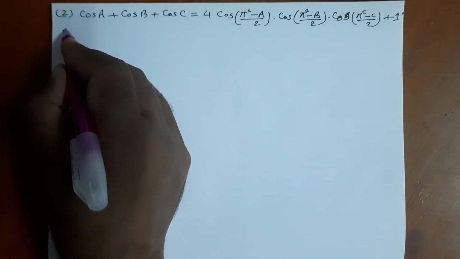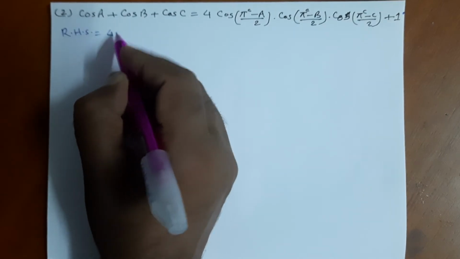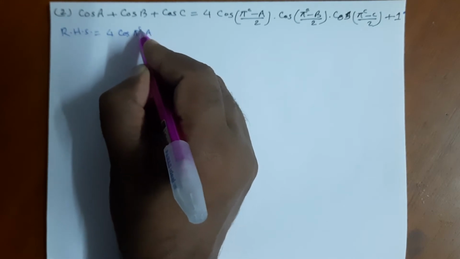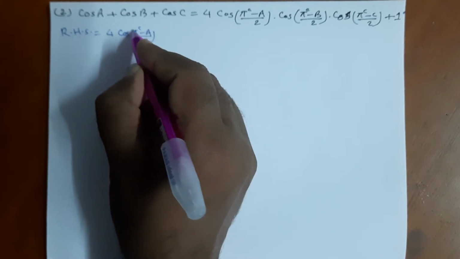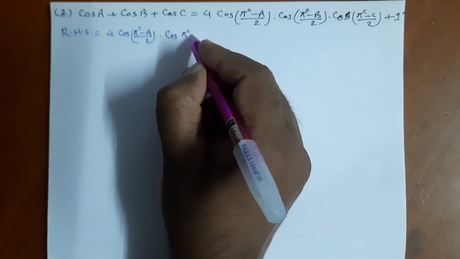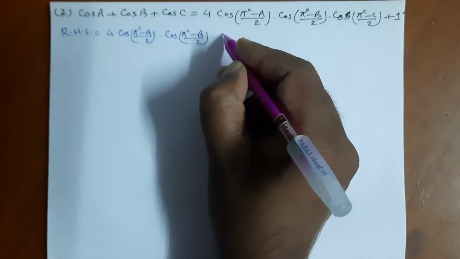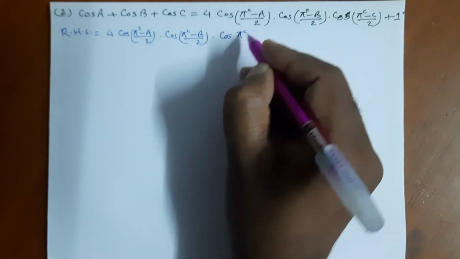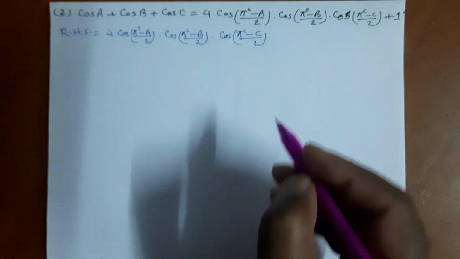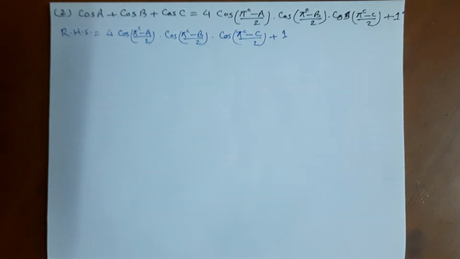Let's start from RHS. Our RHS is 4 cos (pi minus a)/2 cos (pi radian minus b)/2 times cos (pi radian minus c)/2 plus 1. This is RHS.